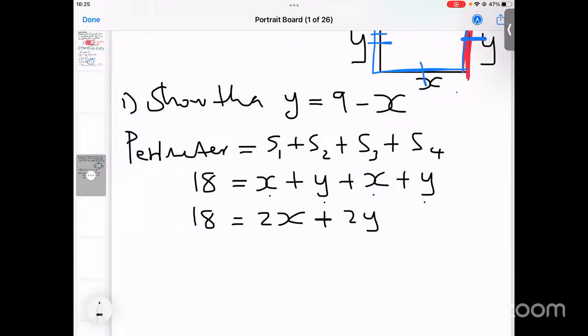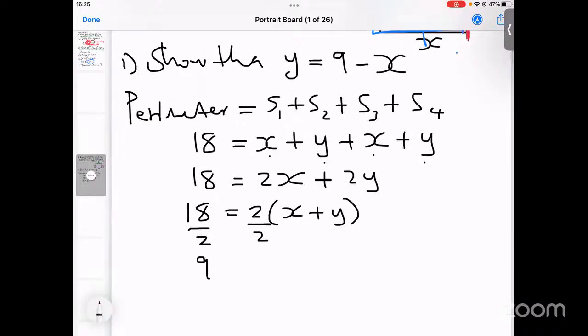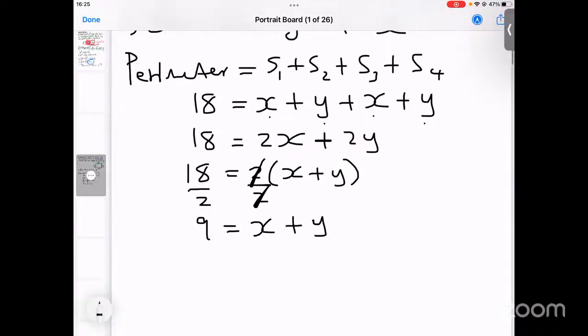You are working with like terms. But wait, you can take out something as a common factor there. Then you end up having that. And then you can remove that by dividing on both sides. So you end up having 9, which is equal to x plus y, because that cancels with that.